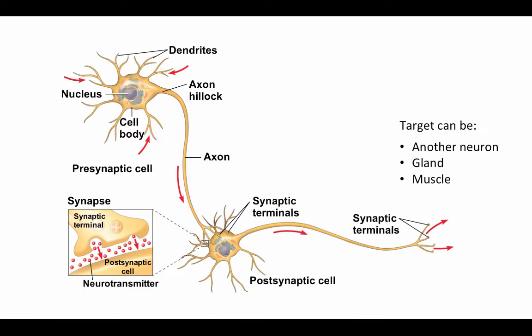Even being propelled by the circulatory system is not going to be nearly as fast as this electrical transfer of information. So remember, this electrical signal, this spike in depolarization, is going to move all the way down the axon, and it's going to do it without losing any of its strength along the way, no matter how far down the axon it goes. So we're going to talk about how that happens.